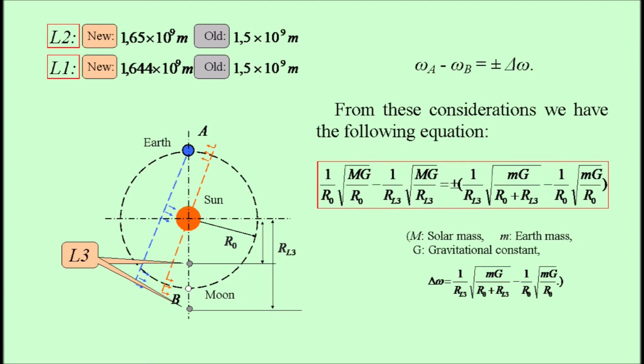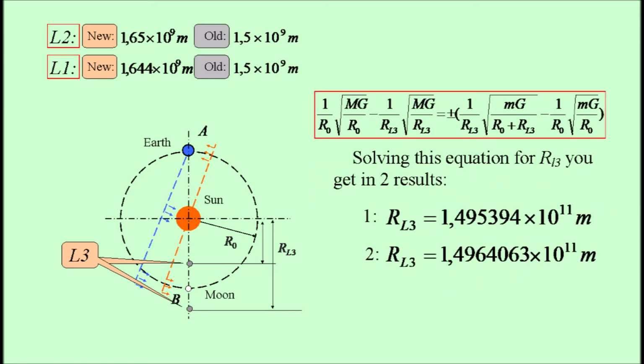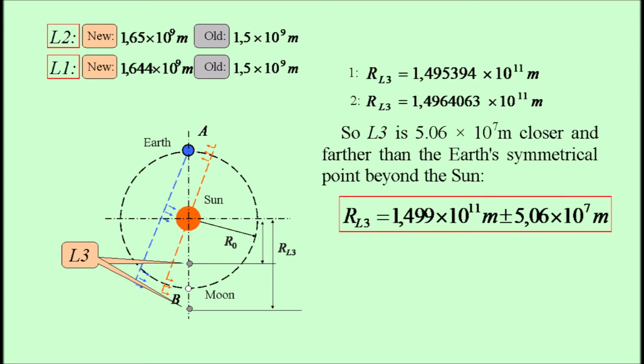From these considerations we have the following equation. Solving this equation for RL3 you get two results. So L3 is 5.06 times 10 to the power of 7 meters closer and farther than the Earth's symmetrical point beyond the Sun.